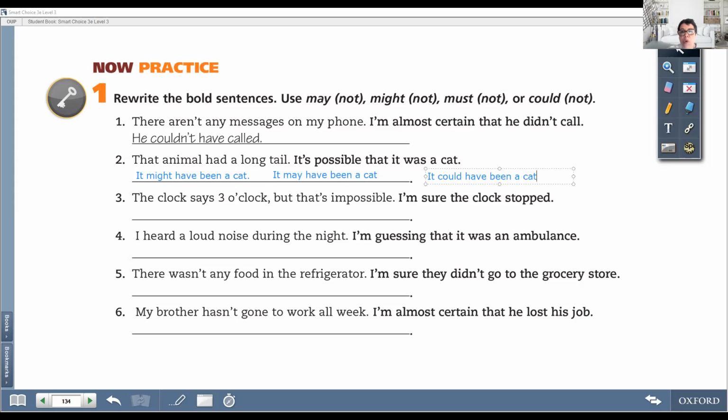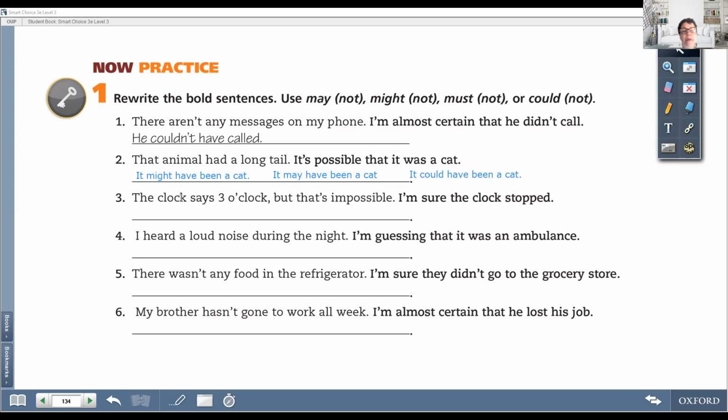All the 3 options are correct, okay? So it might have been a cat, it may have been a cat, or it could have been a cat. All the situations here are showing that I'm not sure. I'm just imagining, just guessing what could have happened.